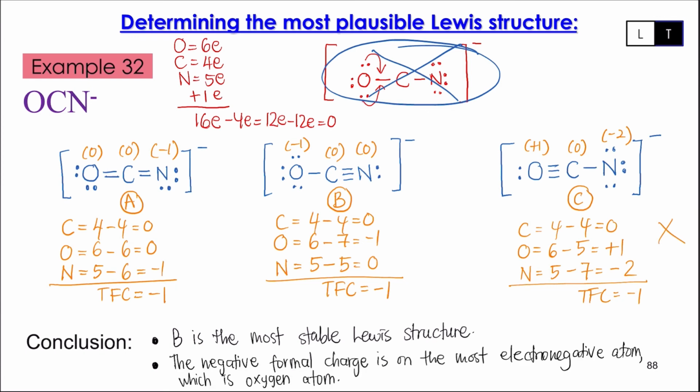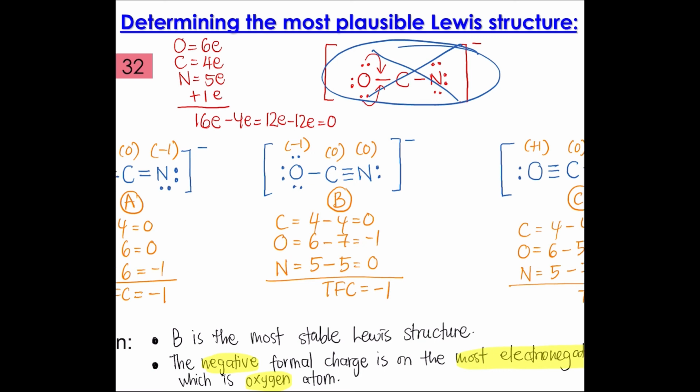So inilah cara awak explain untuk reason dia. Point kedua, awak bagi tahu negative formal charge is on the most electronegative atom, which is oxygen atom. So itulah cara untuk kita explain based on example 32 OCN minus.